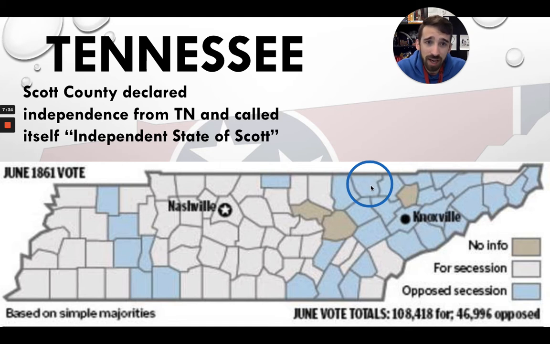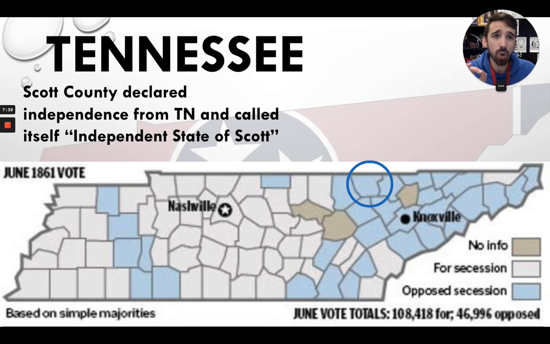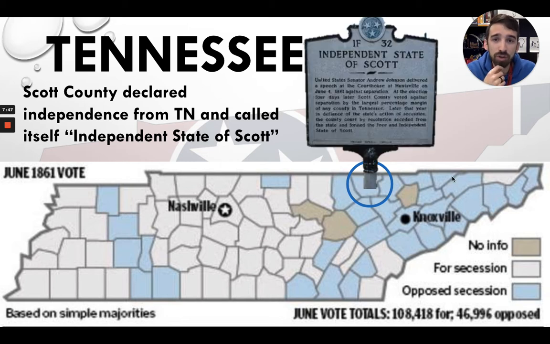And Scott County, which is right here, Scott County is so upset about this vote, they refuse to join the state of Tennessee, and they declare themselves an independent state. So Tennessee secedes from the nation, and then the county of Scott secedes from Tennessee.